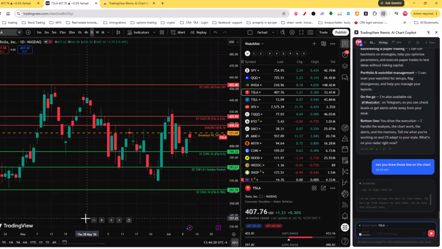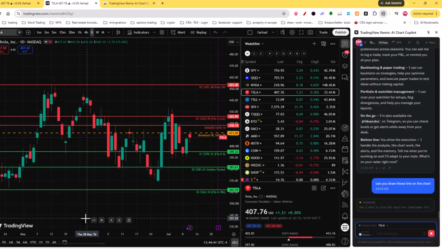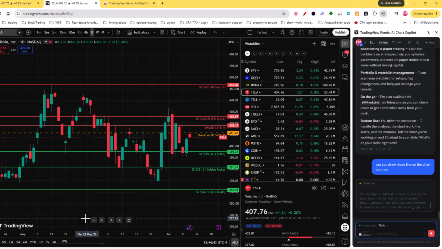Boom! Look at that. It opened, it drew all the areas. How cool is that? Why would you think you have to go and start drawing it yourself when you can get it done by AI, which has calculated it perfectly for you, at least better than us, at least better than our eyes?